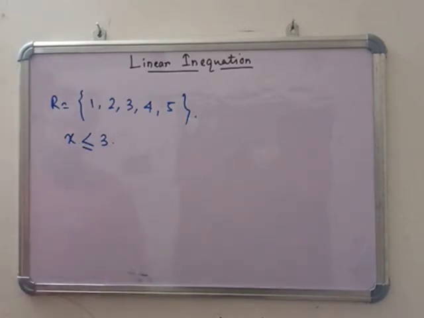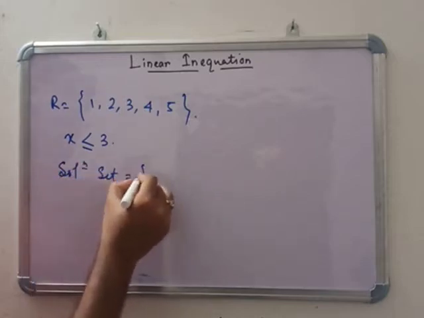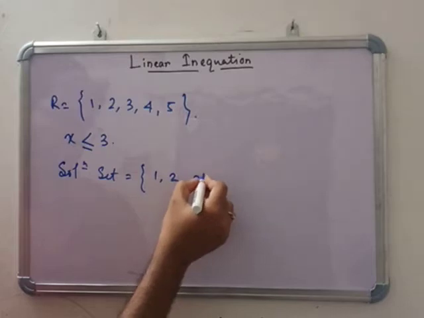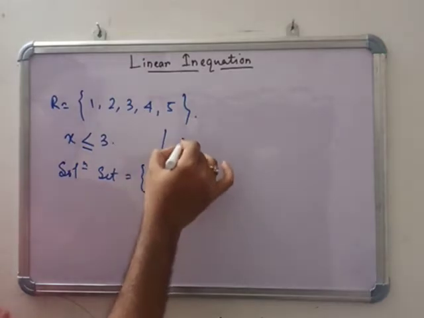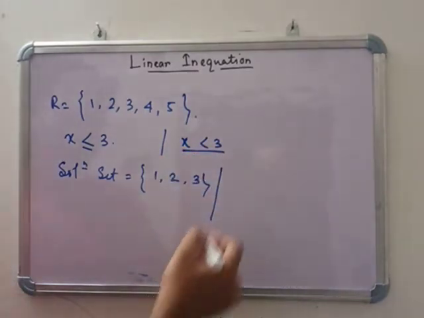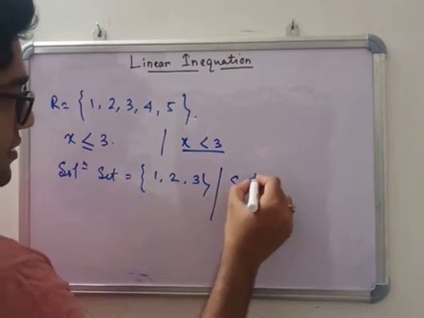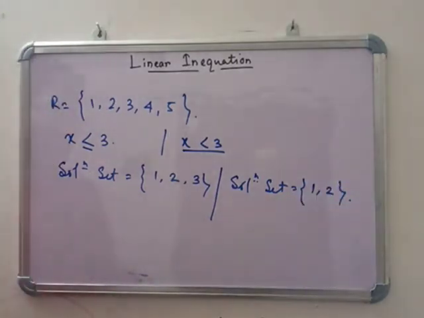Now you have to find the solution set from this replacement set, that is 1, 2, 3. If equal to is not given, that means strictly less than, as we say in senior classes. So if x is less than 3, the solution set is only 1 and 2.